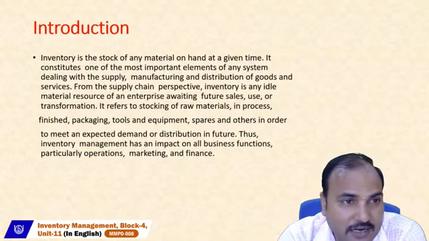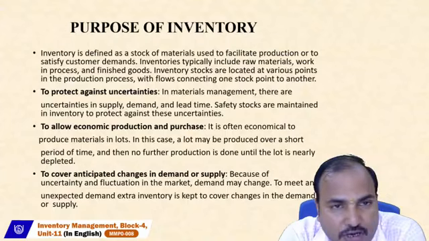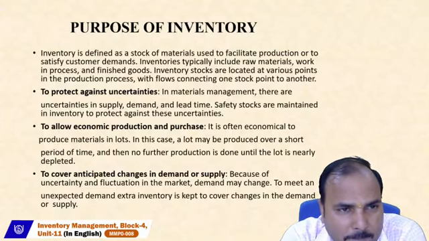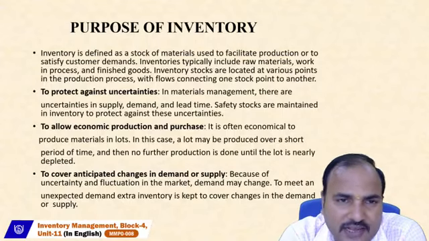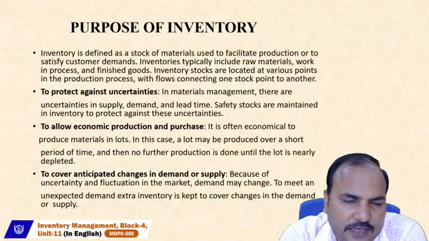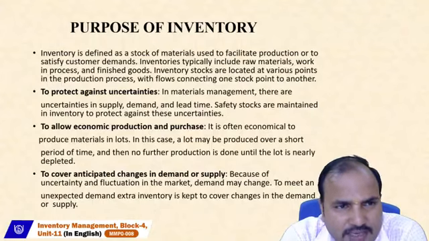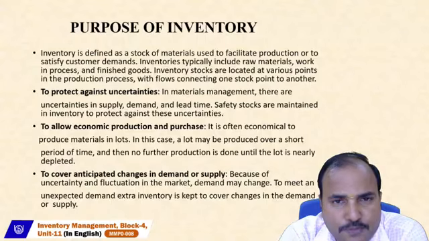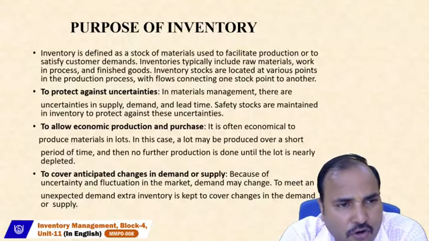After this part, let us go to the purpose of inventory. What is the basic purpose of inventory? Inventory is defined as a stock of materials used to facilitate production or to satisfy customer demands.